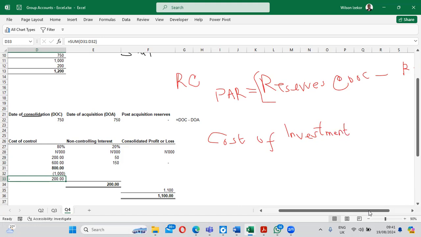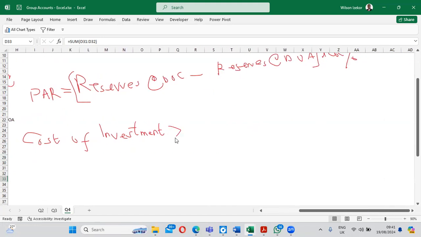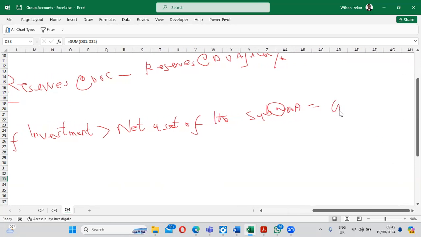If the cost of investment exceeds the net assets of the subsidiary at the date of acquisition, what you will have is a goodwill.